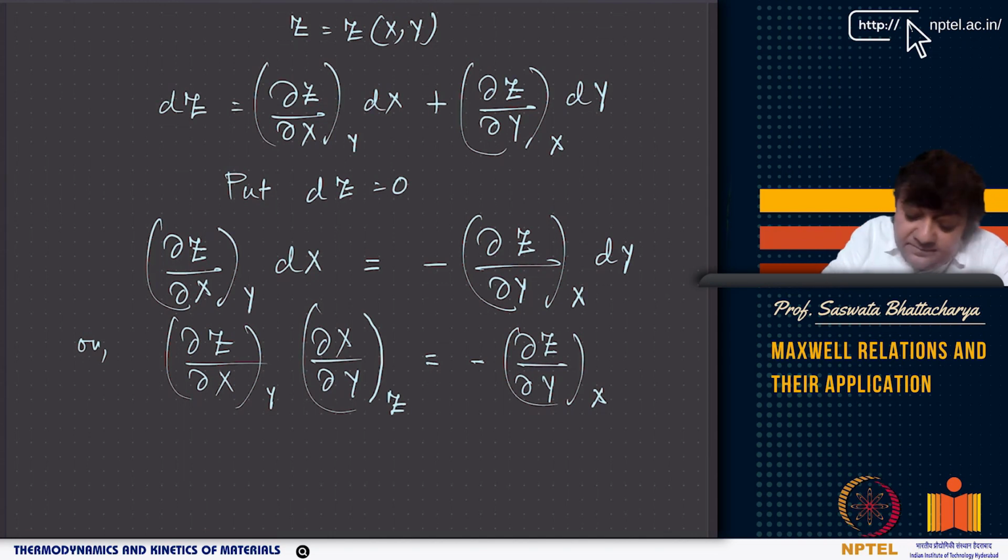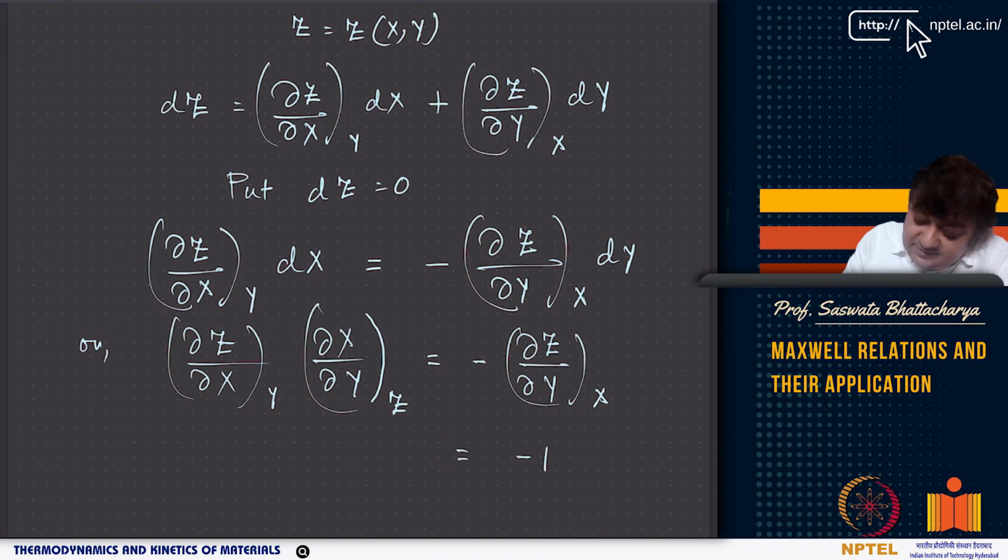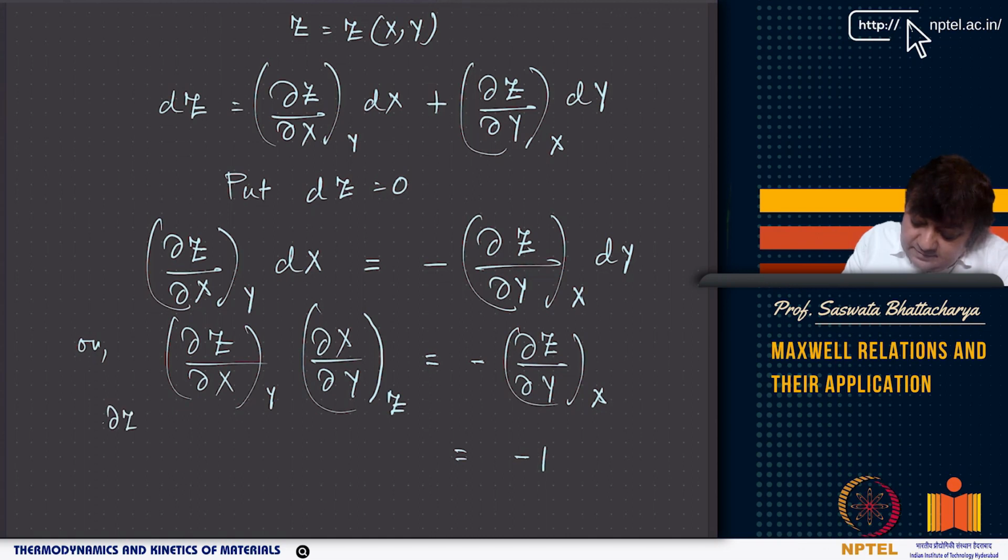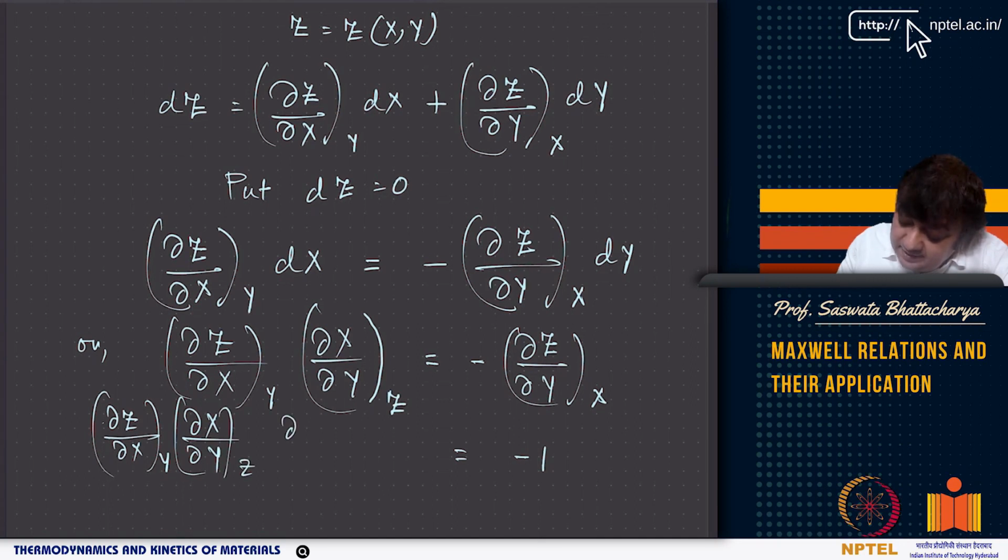If I take this to the left hand side, then del z del y x will come to the denominator, right? 1 by del z del y x, which is basically nothing but del y del z x, right? So this is minus 1, and this becomes del z del x y, del x del y z fixed and del y del z x fixed, which is equal to minus 1.